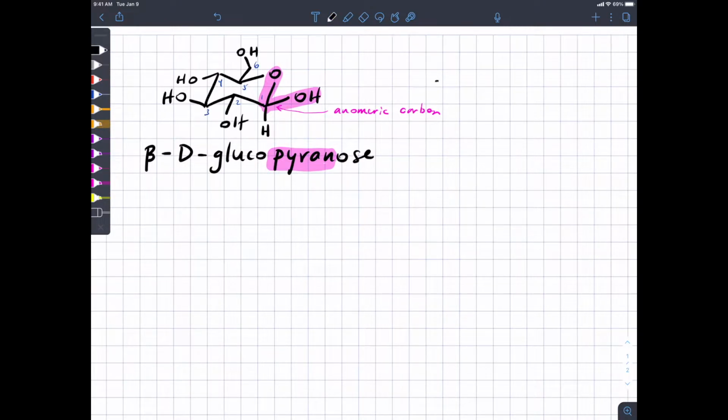I will point out that this structure, as I did last time, is in equilibrium with an open chain aldehyde form. And in its open chain form, this is just called D-glucose. So the pyran refers to cyclic, and then we'll talk about what gluco, beta, and D refer to.